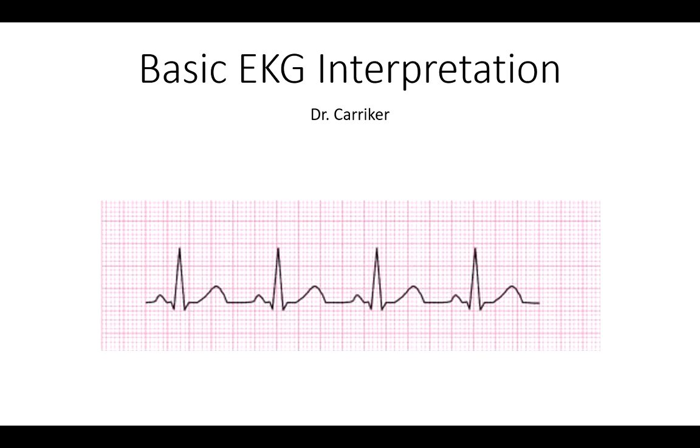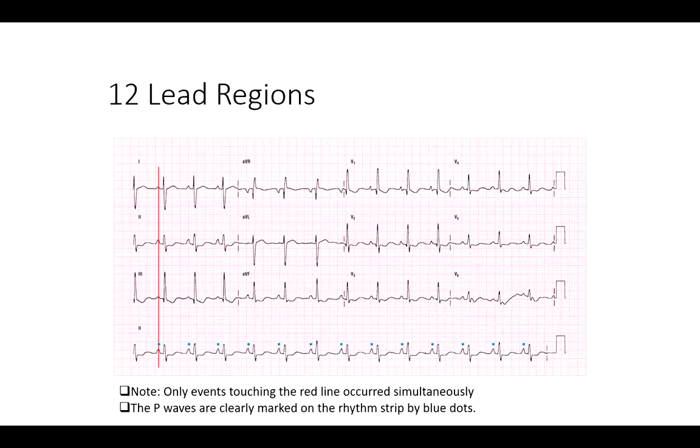So we'll look here first at a basic 12 lead. Now, I want you to take note of the events that are touching the red line. Everything that occurs on this red line happened at the same point in time. You'll notice that there are these little hash marks, here and here, and some more over here.